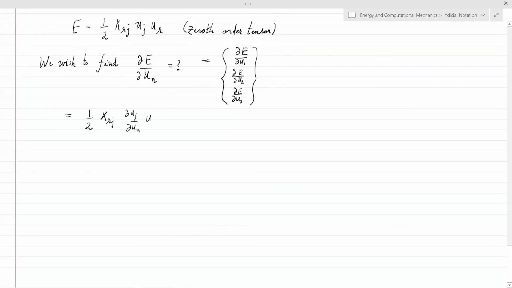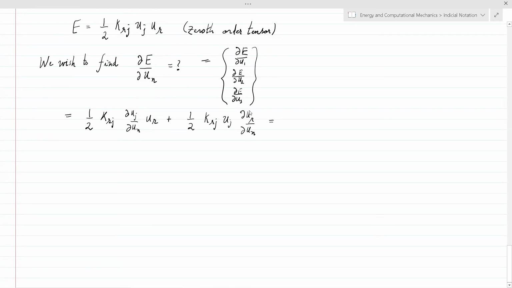So I have 1/2 K_rj. Now you can see here the derivative with respect to u_n. I have to now take derivatives. There is a multiplication here. So you can see here I take the derivative of this with respect to u_n times the rest of it, and that's here, plus 1/2 K_rj u_j, and then I'll now take the derivative of u_r with respect to u_n.